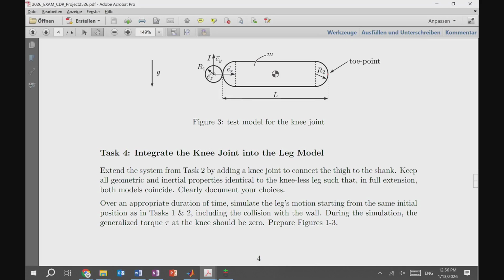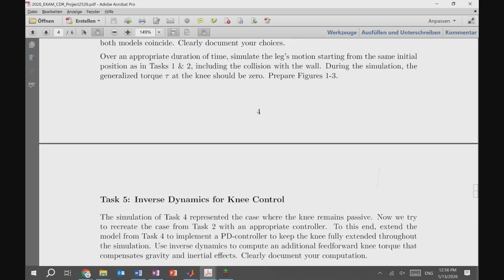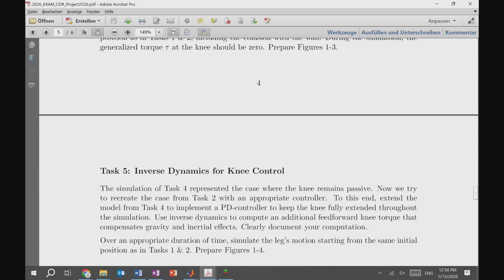Then you integrate your knee joint into the leg model. You run a simulation where you first let the torque at the knee joint be equal to 0. So when your leg falls, your knee joint is probably going to move in some way or another. And then the last task is to do an inverse dynamics-based controller that keeps that knee joint fixed.